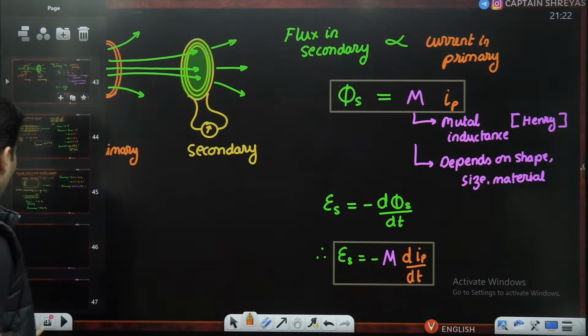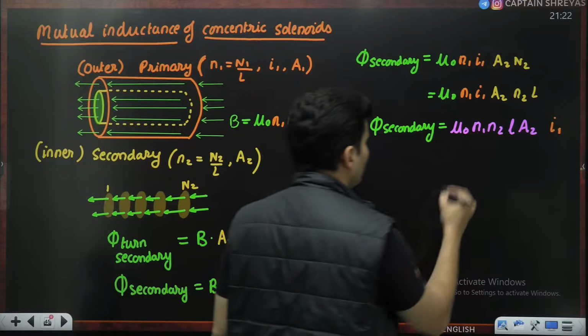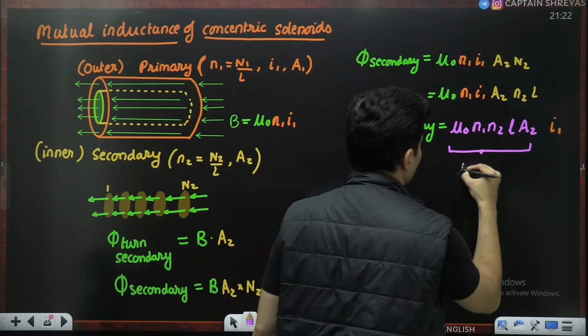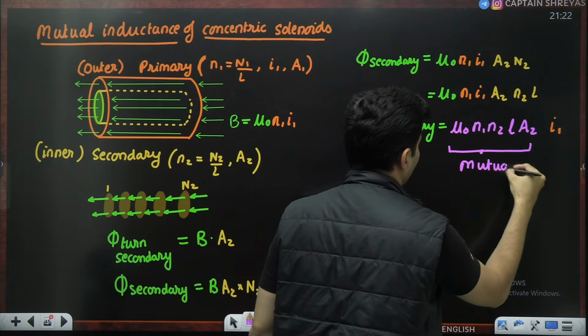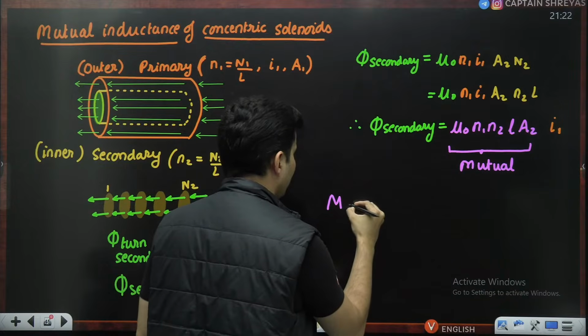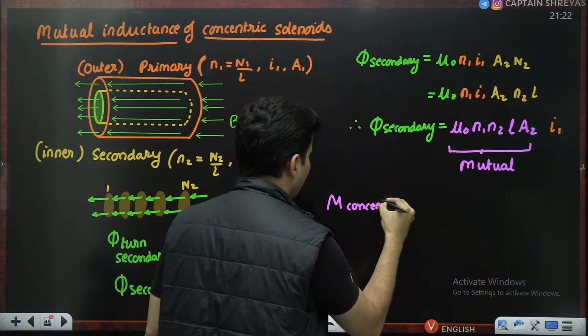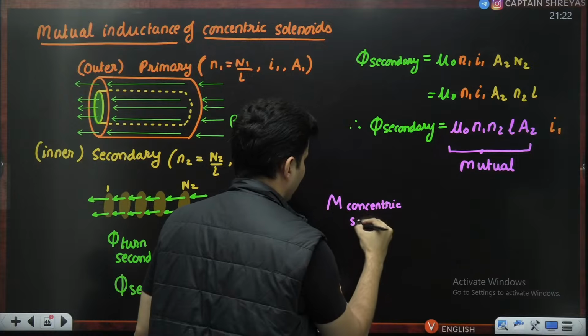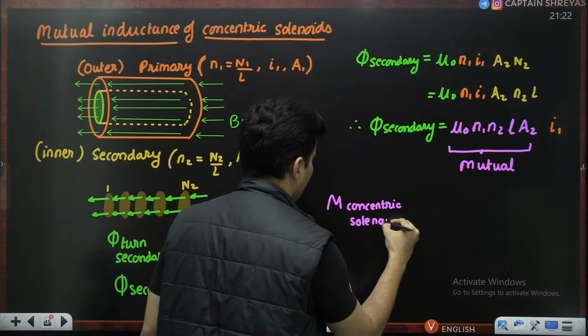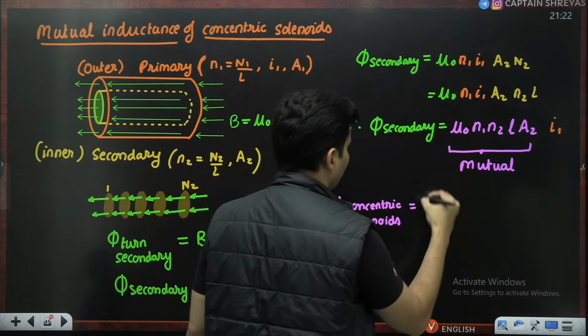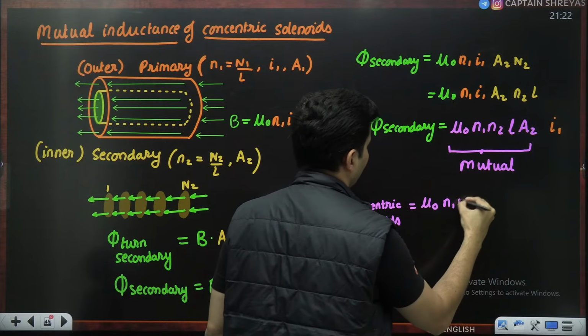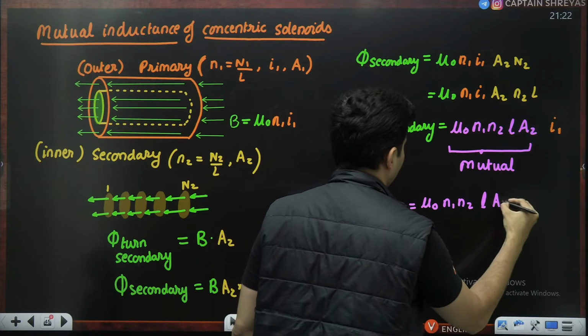That constant outside is then obviously mutual inductance. Hence, the mutual inductance of concentric solenoids again depends on material, number of turns, length, size, everything.